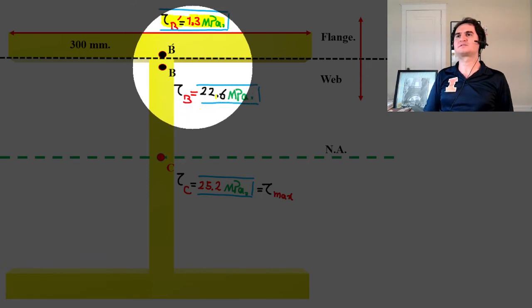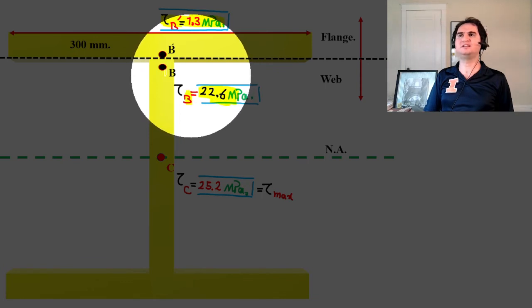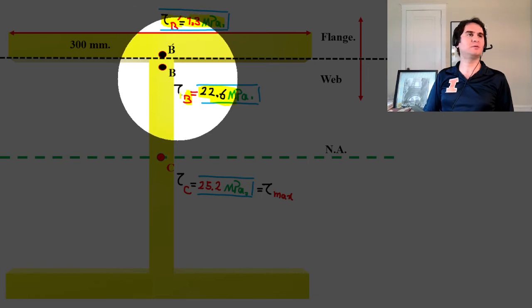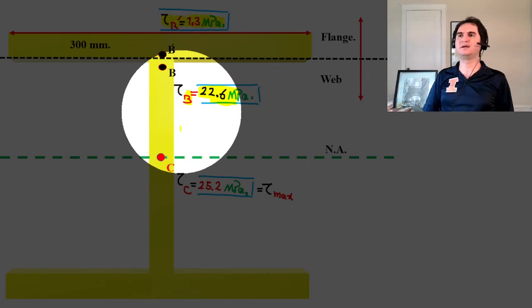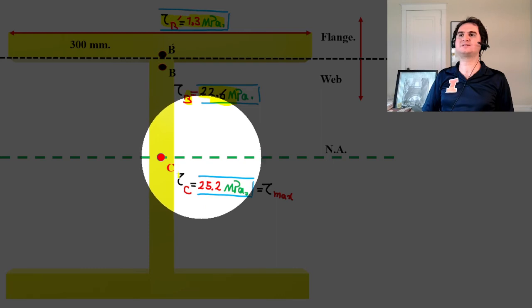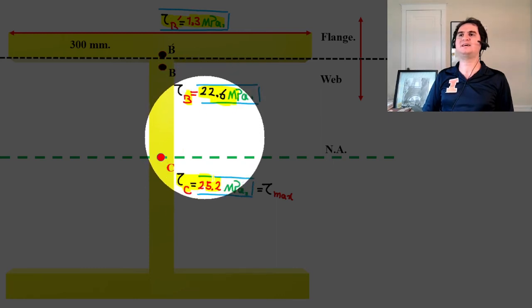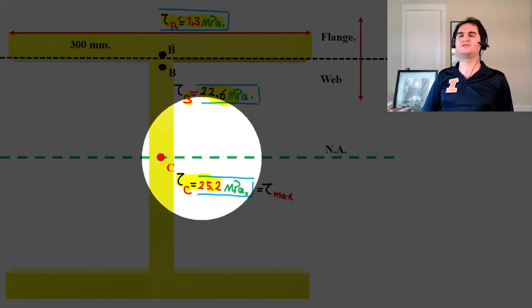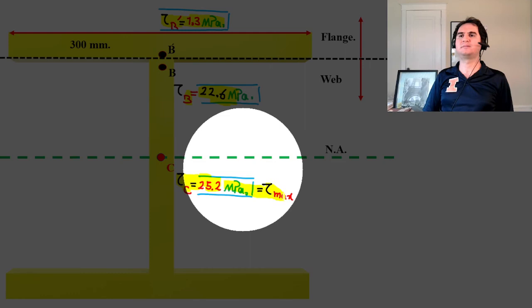Tau B is far higher, due to the reduction in thickness from flange to web, which increases the tau drastically. And when it comes to tau C, you can easily see that's even higher than B. That moves from 22.6 to 25.2 megapascal.